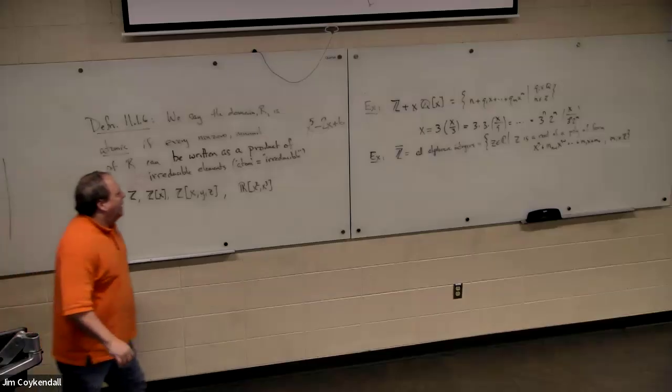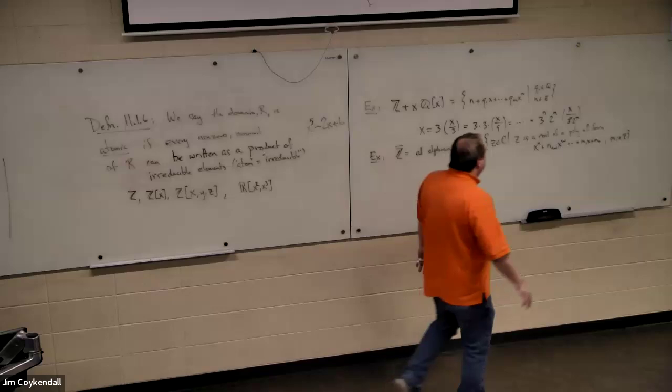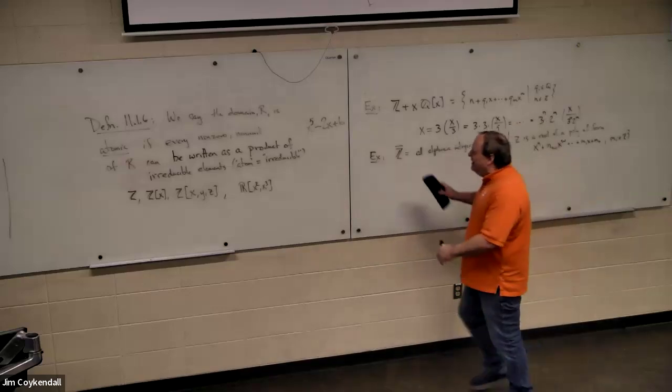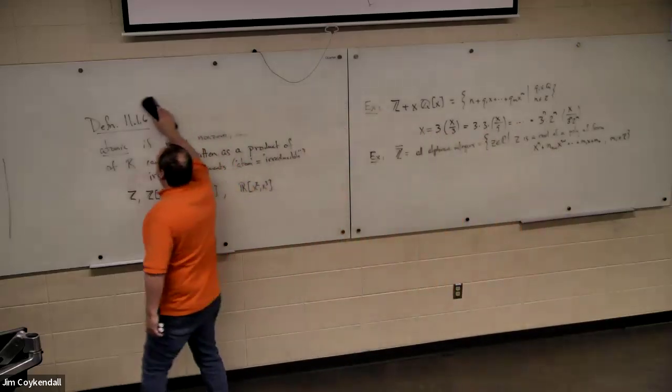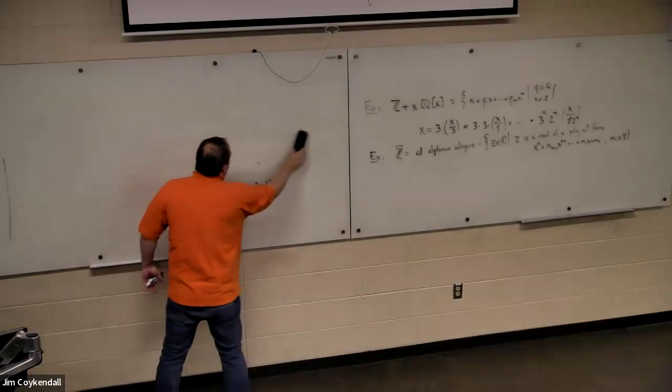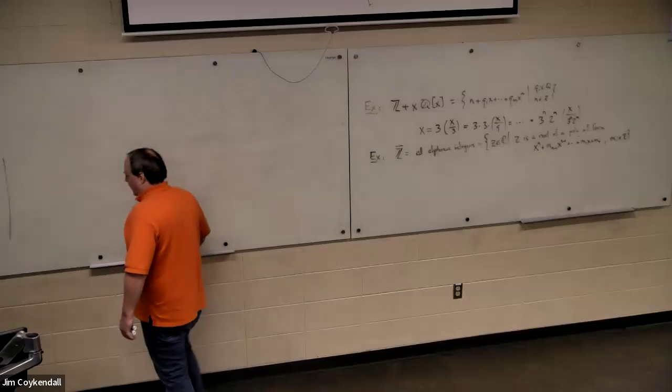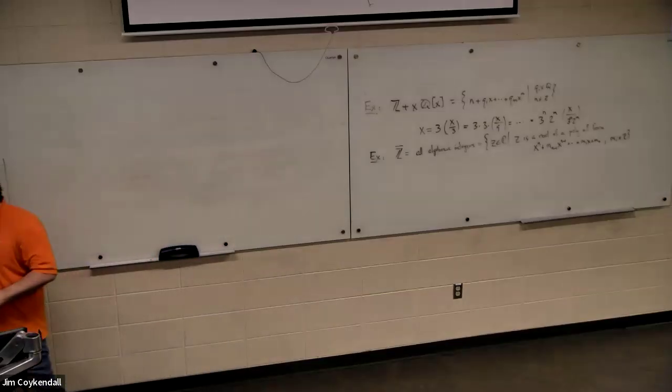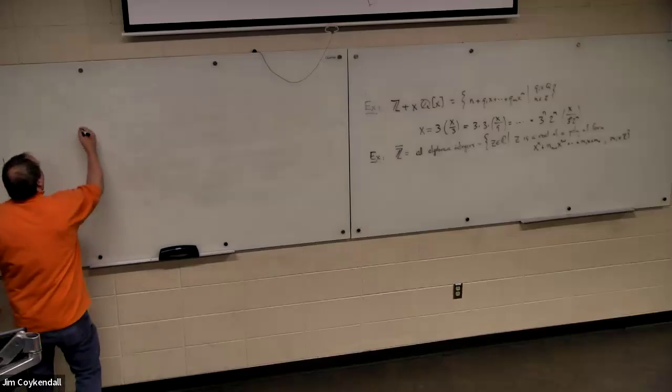Okay, so now that we've talked a little bit about irreducibles, primes, and a little bit about factorization, I'm going to talk about the big 3, as far as integral domains that are sort of factorization types.